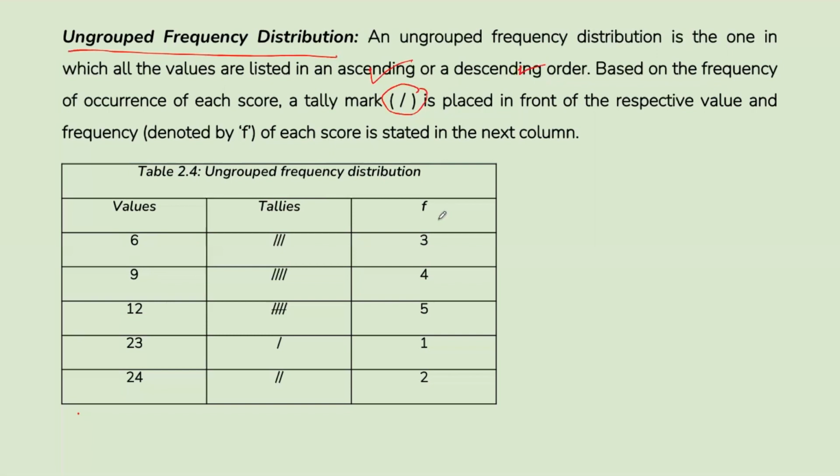Now this is given, and you have to draw tally marks. To draw a tally mark, you draw a slanting line; one slanting line is one tally mark. For 3, you will draw 3 slanting lines.